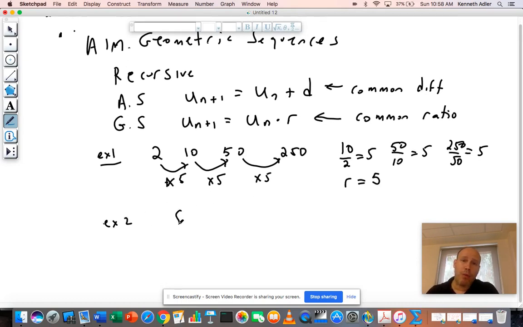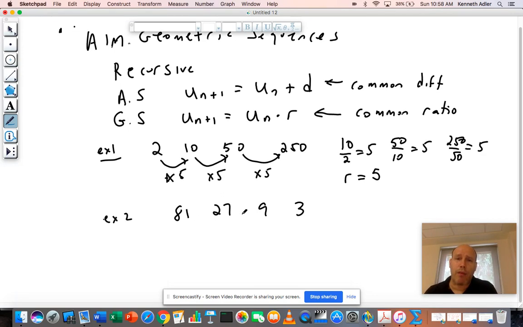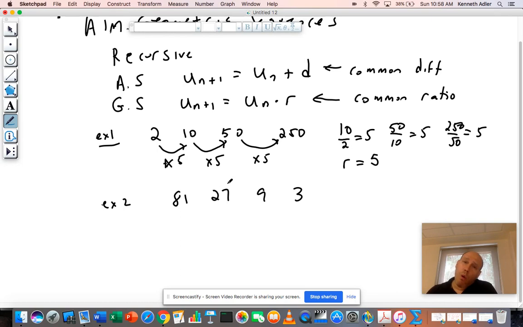Let's look at another example. I might say 81, 27, 9, 3. You might say, Mr. Adler, I recognize it. Well, maybe you don't, and you're not really sure what the common ratio is, so let's do the fancy way. Let's see u of n plus 1 divided by u of n.